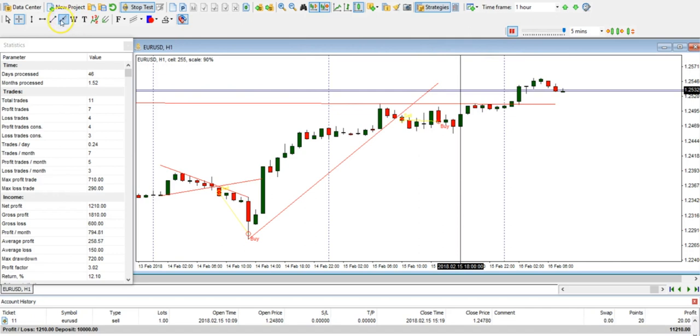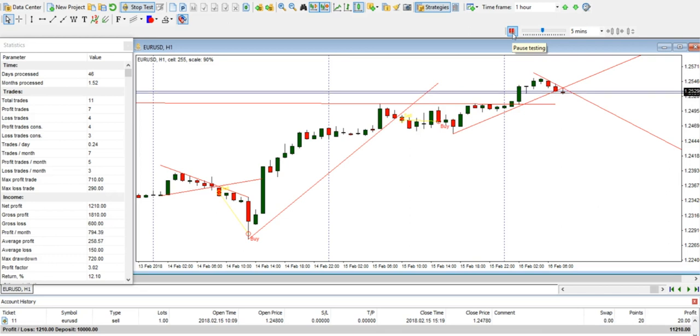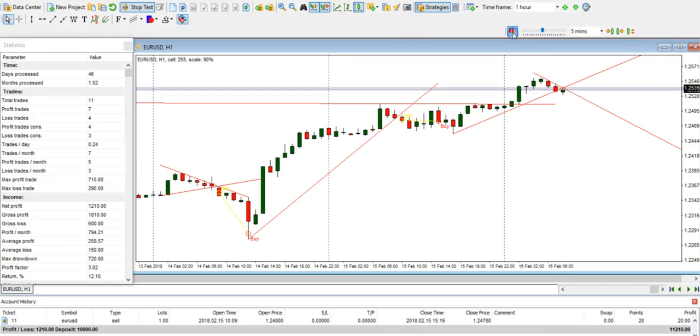Okay, so slower, speed it up a little bit for this hour. And we have the sell penetration here.